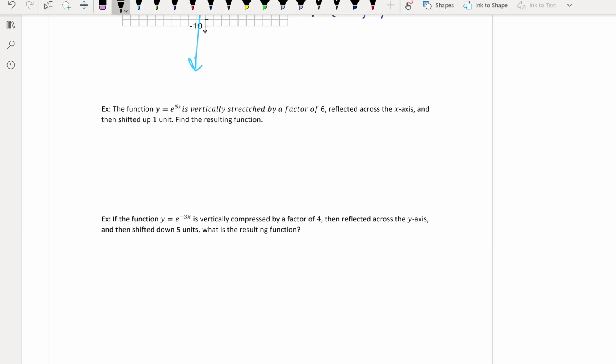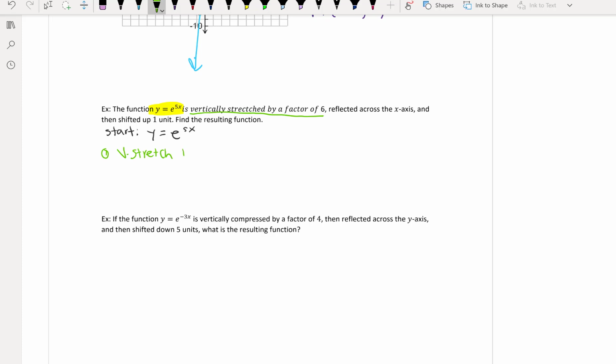So this is what I like to do. I know that my initial equation is given to me, and that's y equals e to the 5x. Now let's go by what each thing has said. It says it's vertically stretched by a factor of 6.